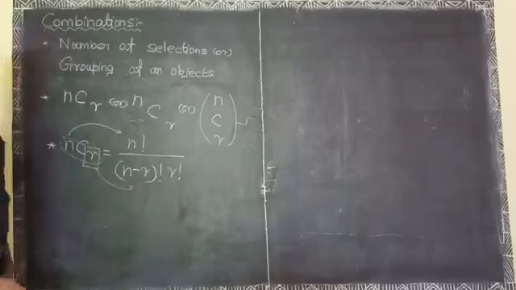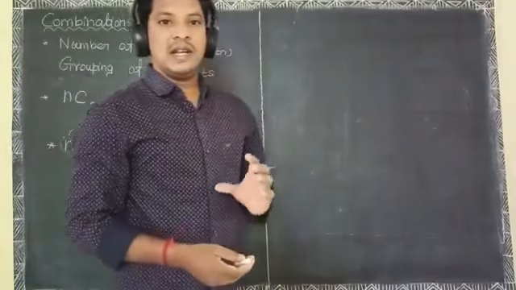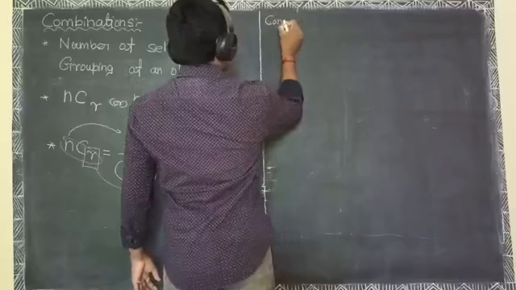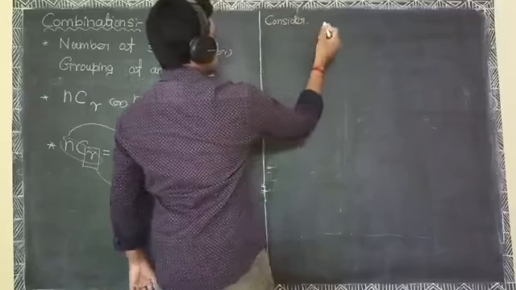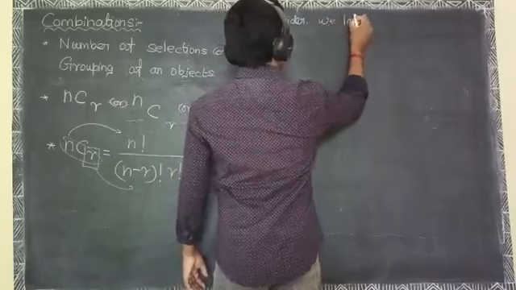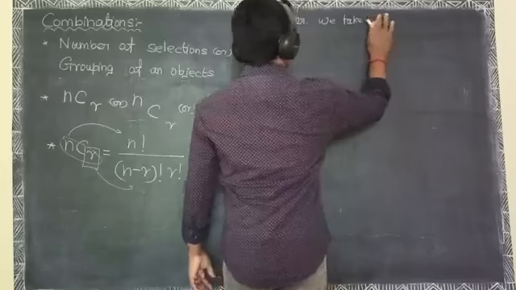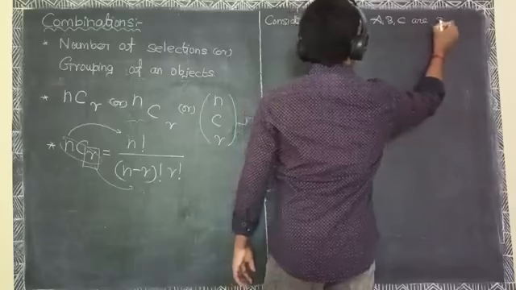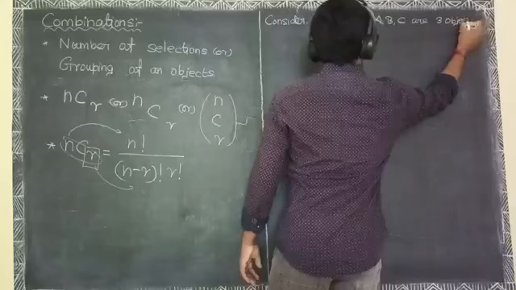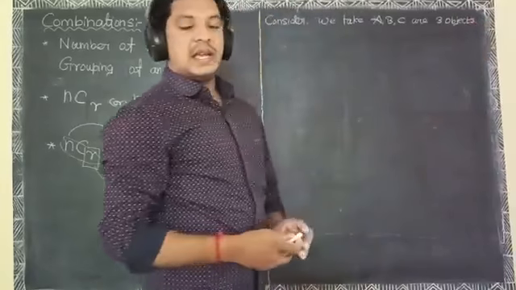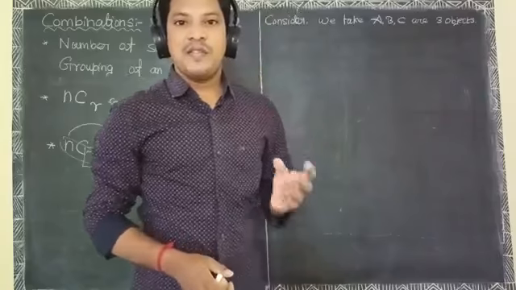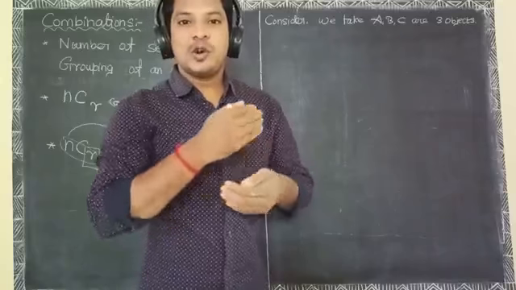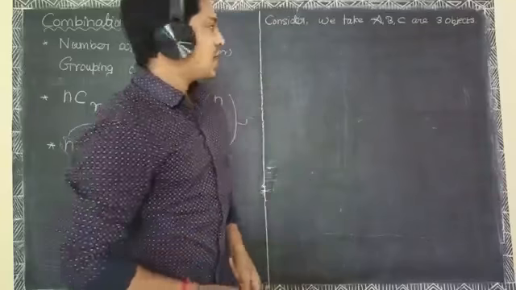Consider we take three objects, a, b, c. Here we can form a total number of two-object selections.